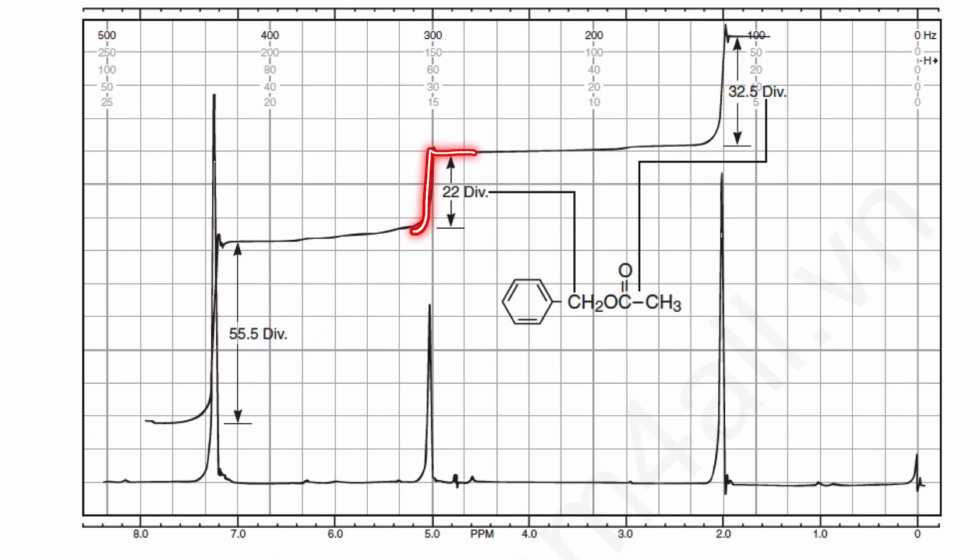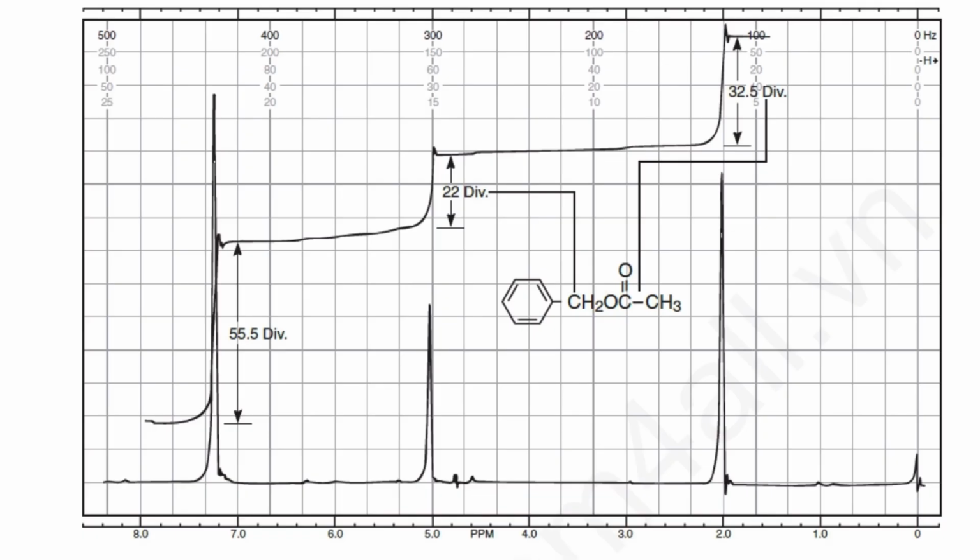Similarly, integration of this peak will give us about 22 divisions, like 10 plus 10 and 2, so 22 divisions. And similarly, the integration of this third peak will give us about 32.5 divisions.